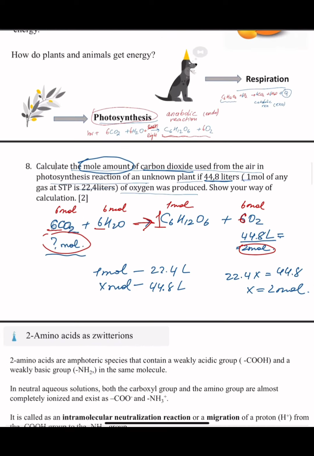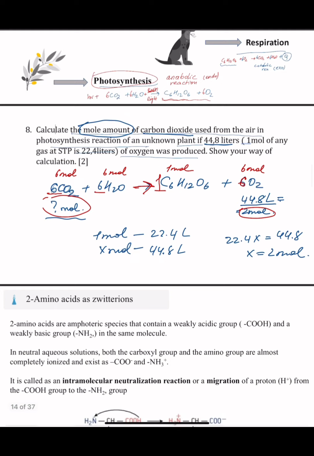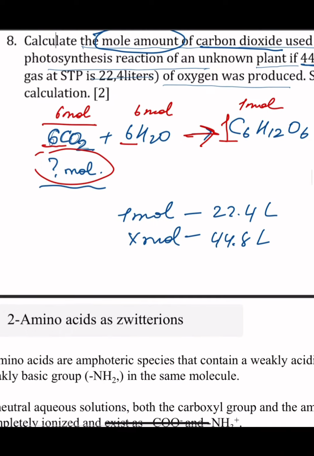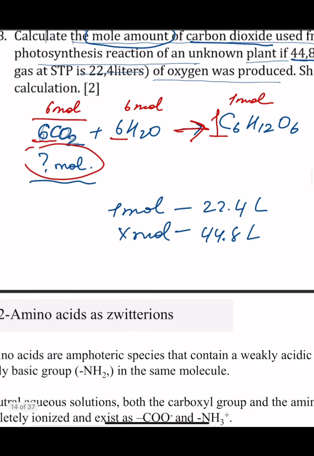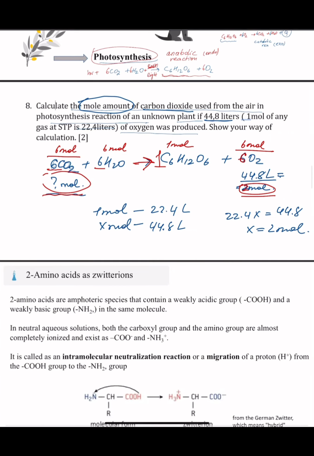As you see, we're given the mole amount of CO2 and the mole amount of O2 coming out, which is 2 moles in this case. It's asking how many moles of CO2 you need, and this is why you construct your proportion.